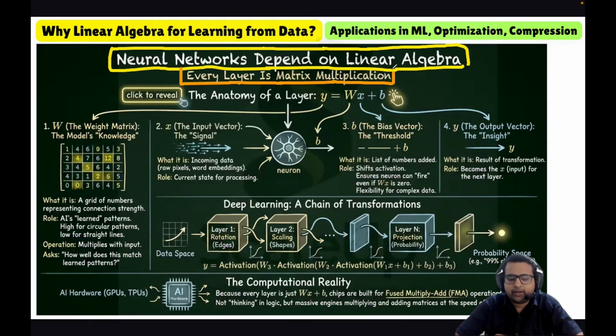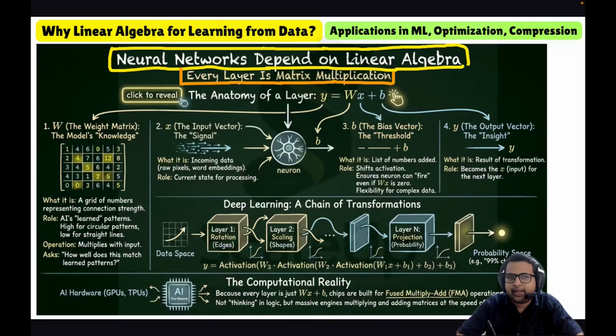In a neural network, thinking is essentially a high-speed relay race of matrix operations. Every time an AI processes a prompt or identifies an object, it is performing a massive chain of linear algebra.